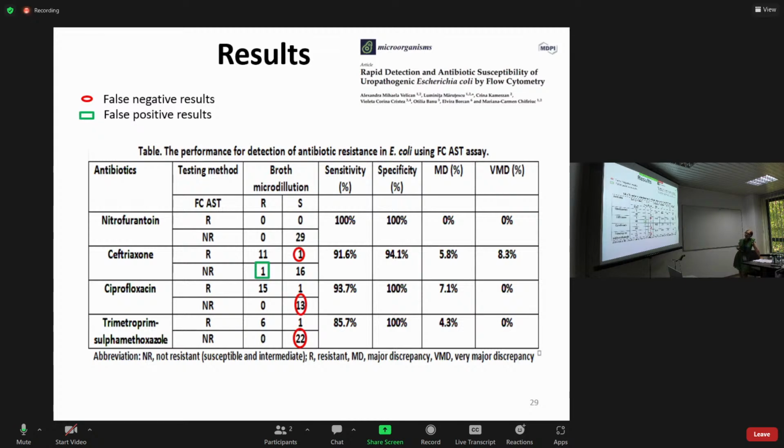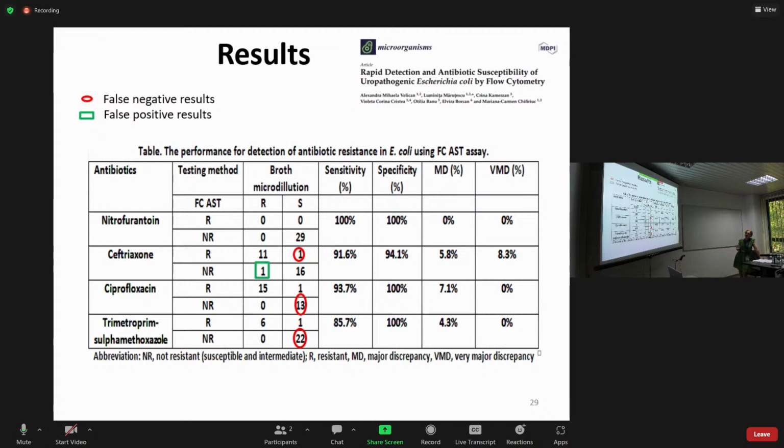After that, the biggest and most difficult step is to validate our results. These results are validated using the conventional methods.